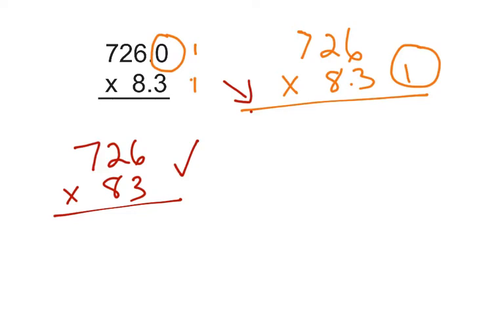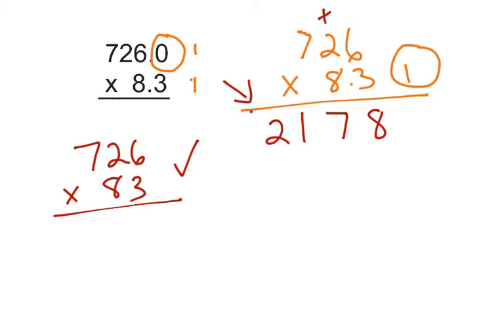So we'll start with 6 times 3, which is 18. 3 times 2, which is 6, plus 1 is 7. And 3 times 7, which is 21.